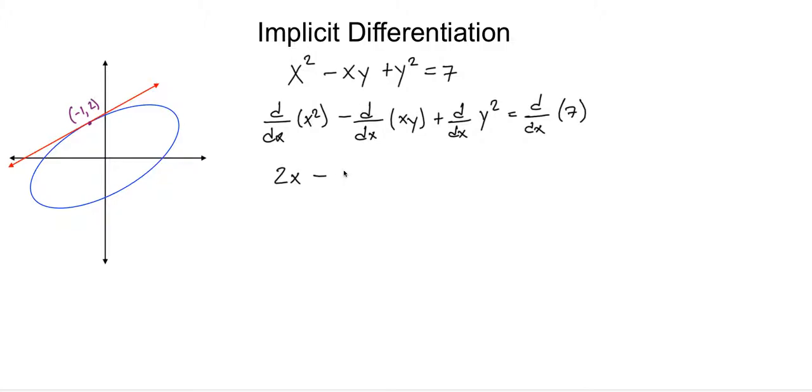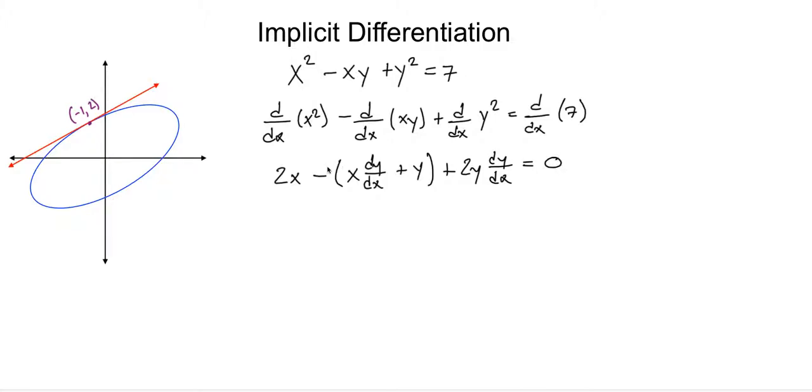So that's going to be x times the derivative of y with respect to x, so that's going to be dy/dx, okay, plus y times the derivative of x, which is simply just going to be 1, plus the derivative of y squared, which is 2y, times the derivative of y with respect to x, which would be dy/dx, and that's all going to equal 0.